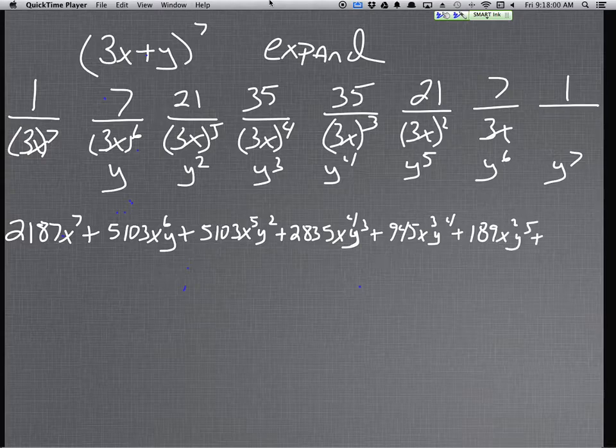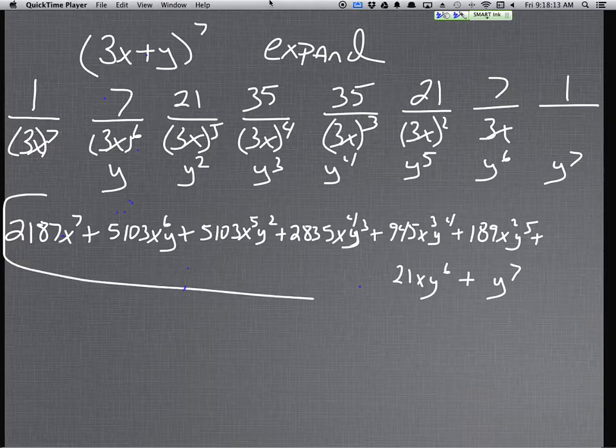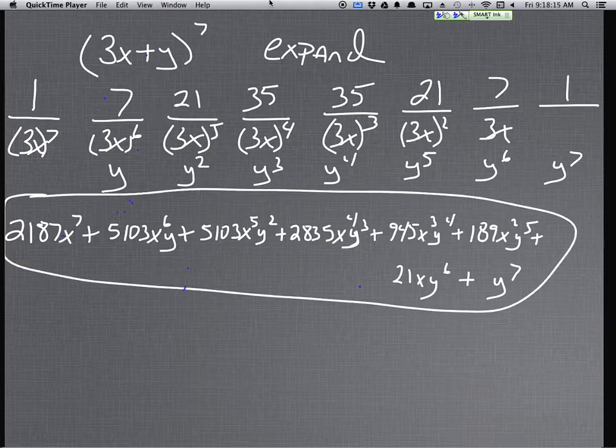Then we need 3 times 7, which is just 21, so 21x y to the 6th. And then the last one is just y to the 7th. So if I take 3x plus y to the 7th and expand it, that's the polynomial we end up with.